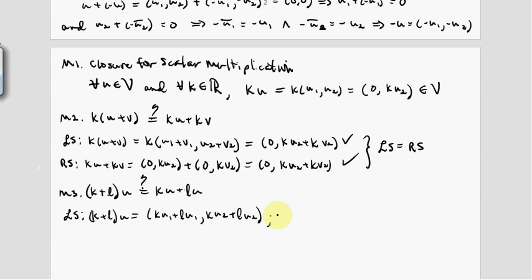This is ku plus lu. First component must be 0.